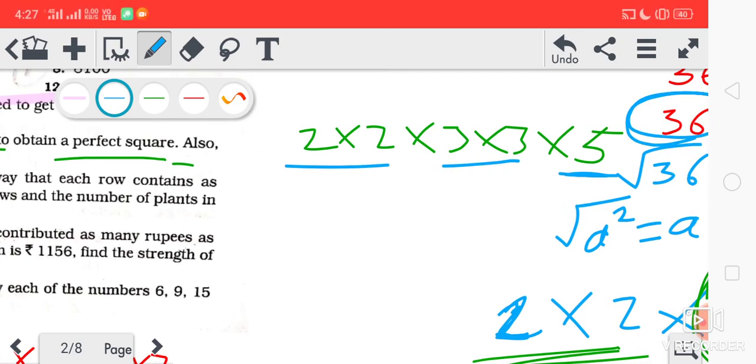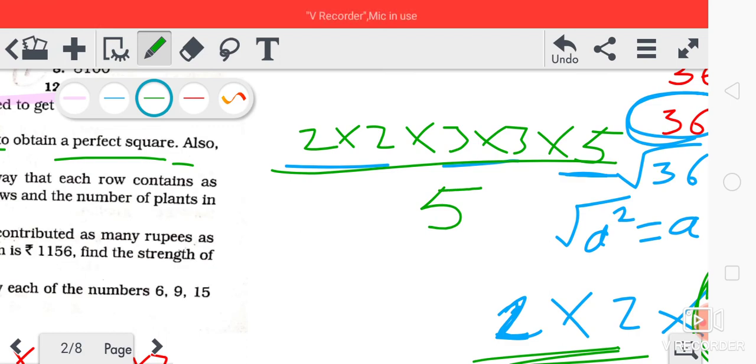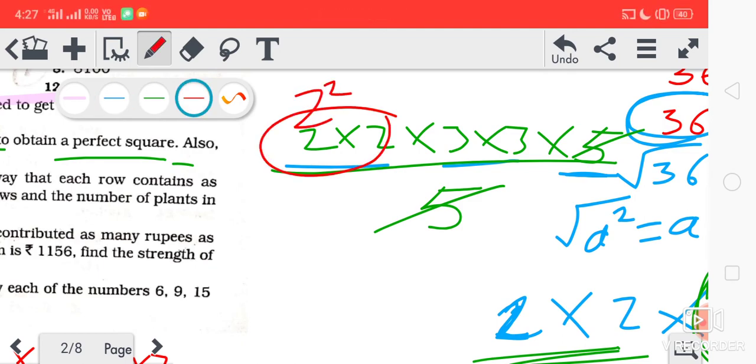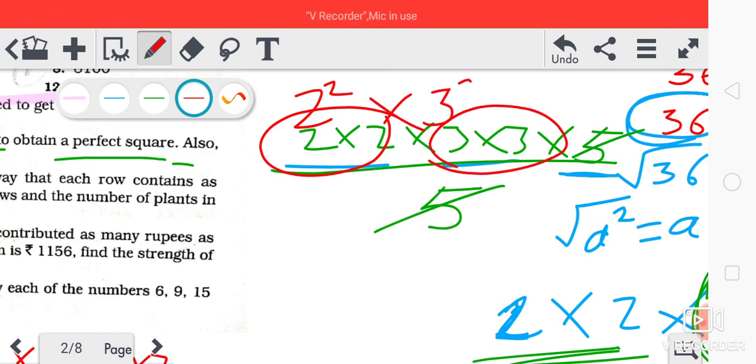So what do we have to do here? They are asking by which number you should divide. If we divide by 5, this 5 and this 5 will cancel, and the 2 square and 3 square will remain in square form. So now it is totally in square form.